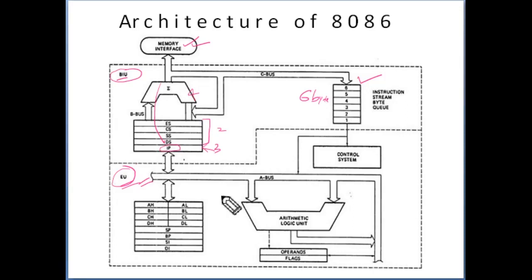So the execution unit takes the data from the instruction queue and starts its work, and when it finishes and wants the next instruction, that next instruction is already stored here every time. That means the next instruction is already fetched by the bus interface unit and kept in the instruction queue. So it works just like a middle storage.